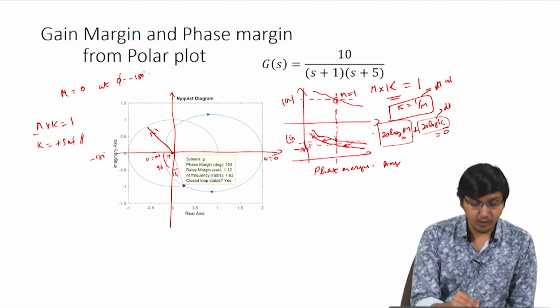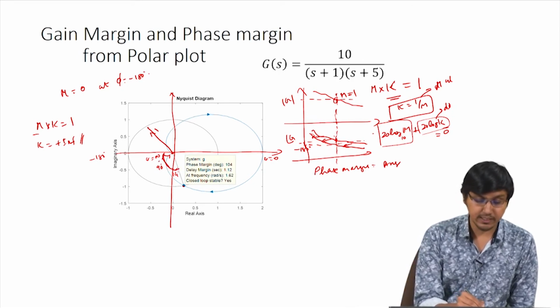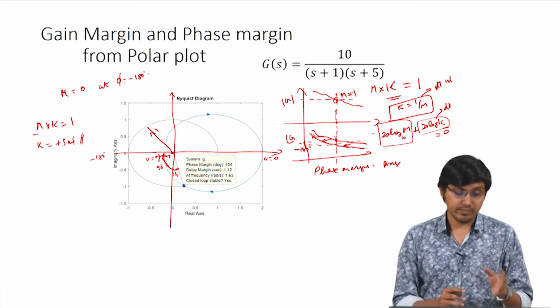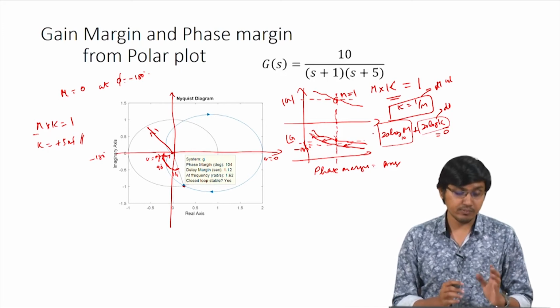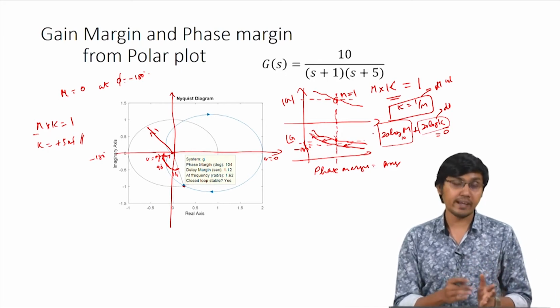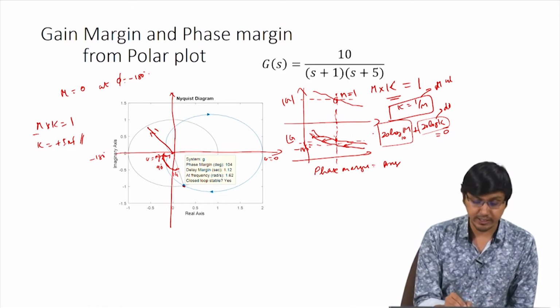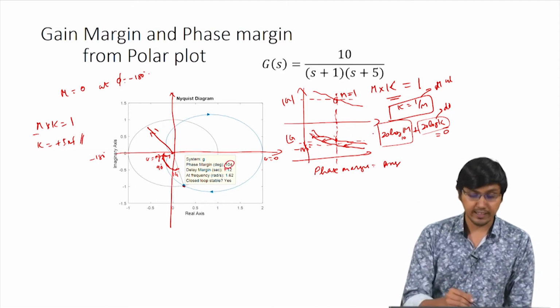So we can add 104 degrees and the system will still be stable. To make it unstable we have to add 104 degrees. So the phase margin is 104. That is how you calculate the phase margin.